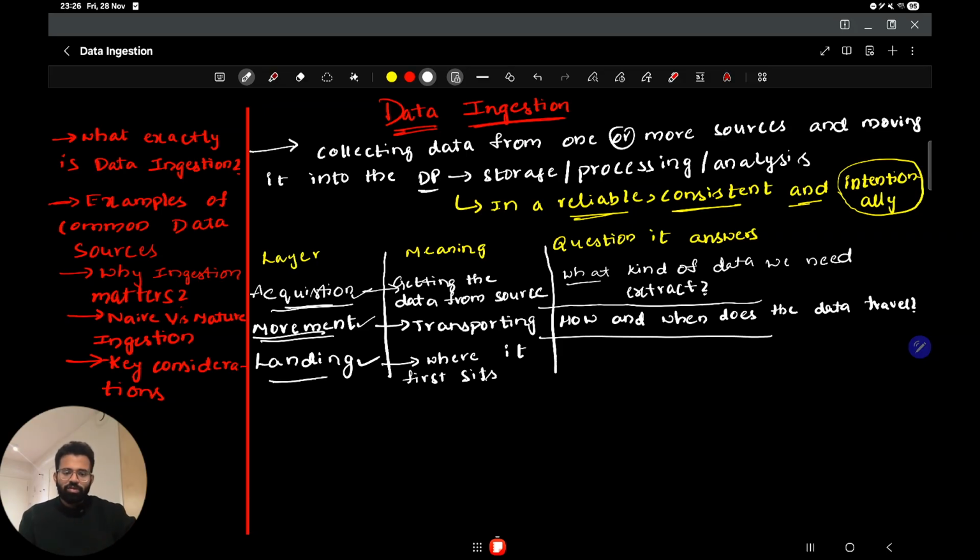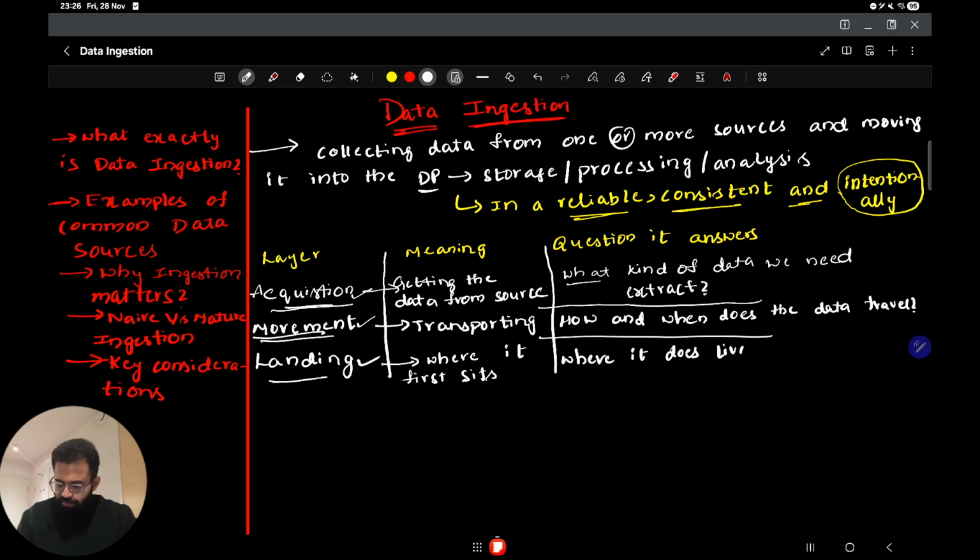So we need to answer that kind of question about the movement layer. And then if we talk about the landing layer, we need to know one more important question, which is where does it actually live in the landing layer and in what format?